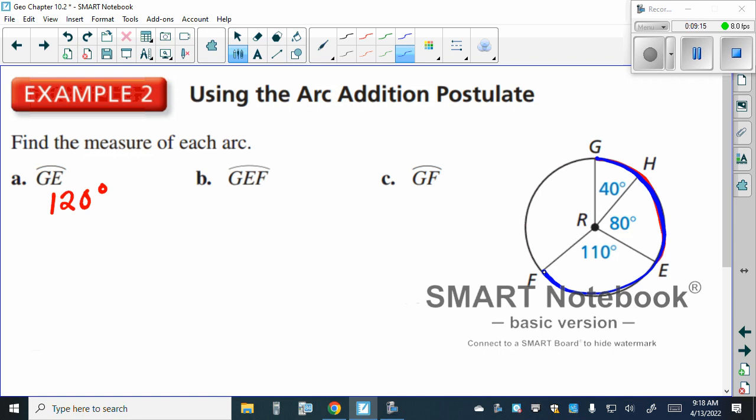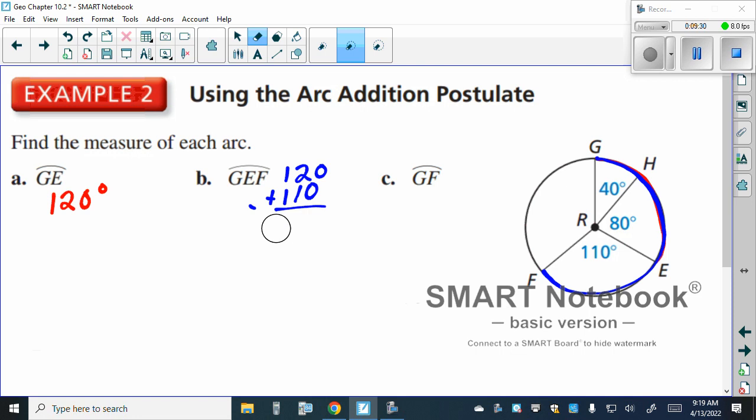We could do 40 plus 80 plus 110, yes? Do I already know what 40 and 80 is? 120, we already found that. So we can just do 120 plus 110, which gives us 230. I don't know why I wanted to do 3, because that's way too big. 230 degrees.